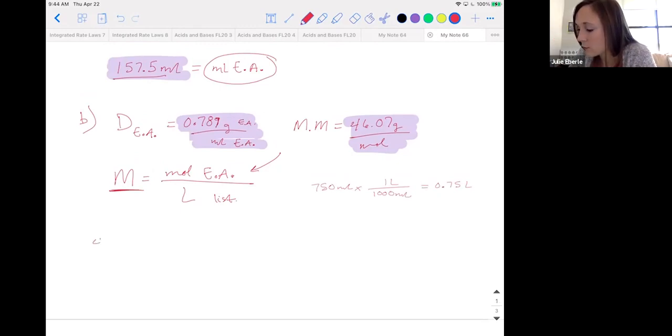If we just take 46.07 grams, and we know that's per 1 mole, how could we cancel grams? What if we multiply by the density? But we need to invert it, right? The 0.789 grams will go on the bottom so that grams cancel, and that's per 1 milliliter.